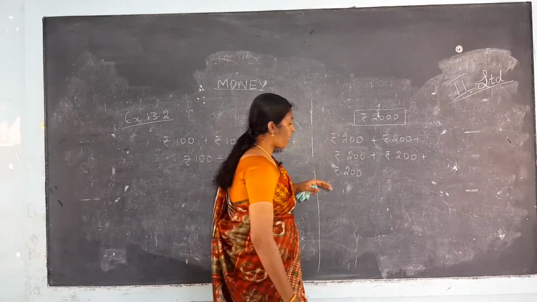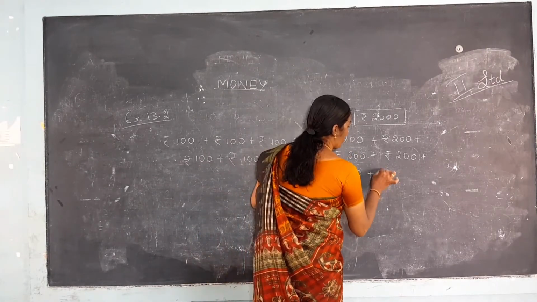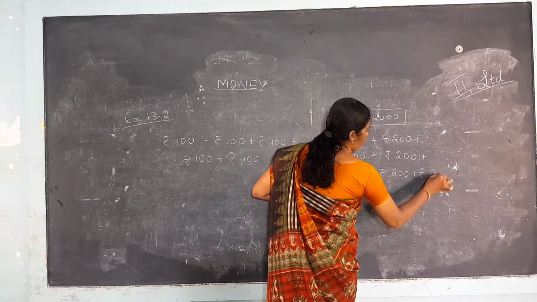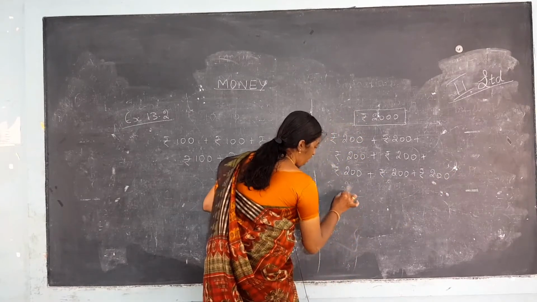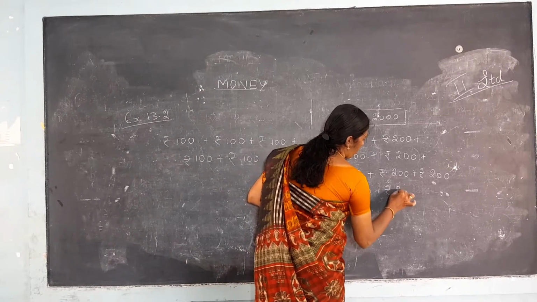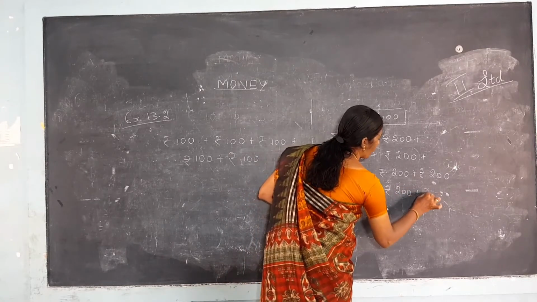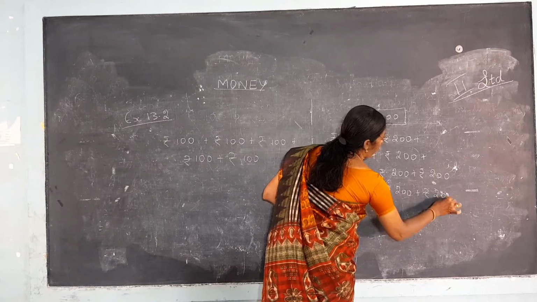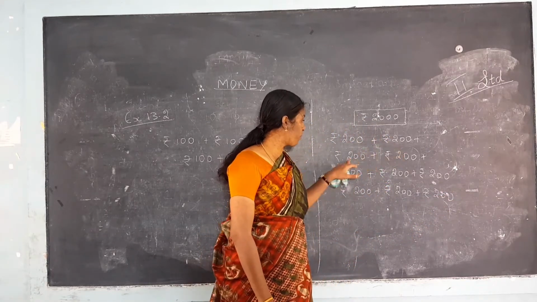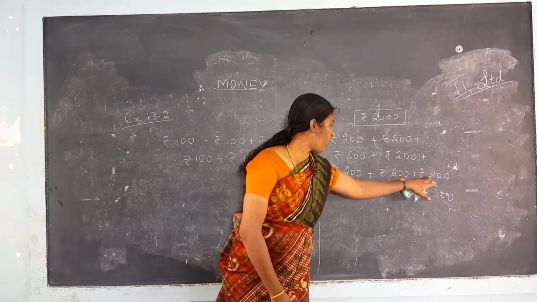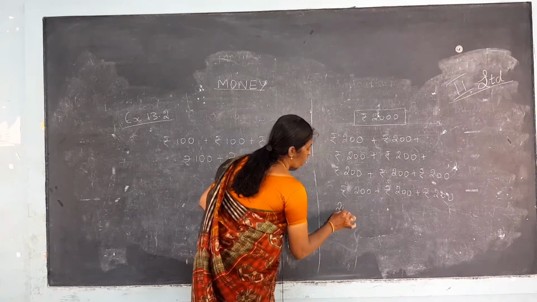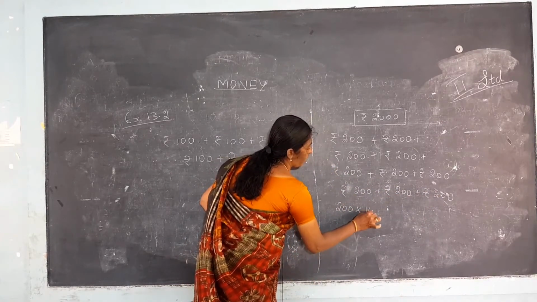So again we add 200 rupees. 200 plus 200, 200 plus 200, 200 plus 200. When you add these, here is 1, 2, 3, 4, 5, 6, 7, 8, 9, 10. You see, just multiply 200 into 10.